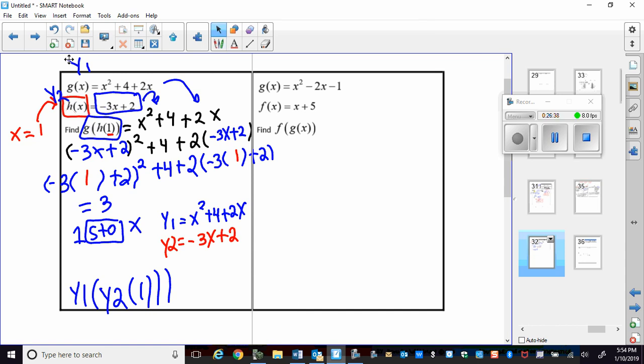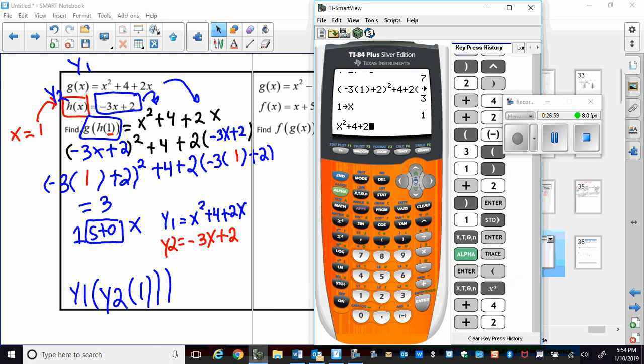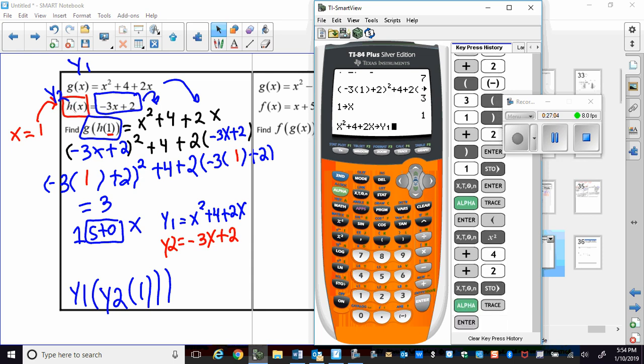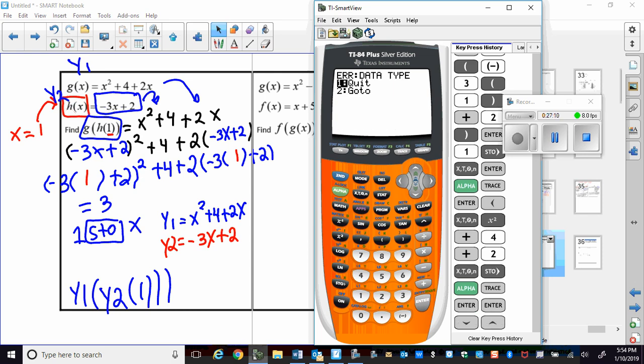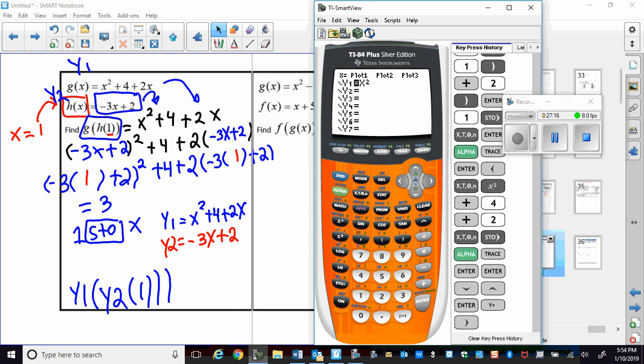And the reason we can't use f and g and h is because we just don't have those functions. We only have y1, y2 up to y0. So y1, we're going to store these equations in here. Actually, we go to y equals.